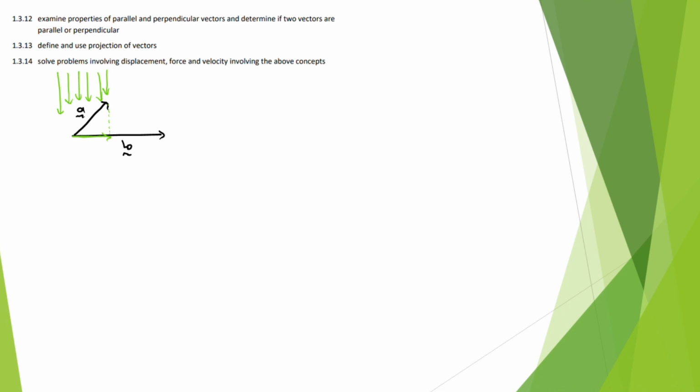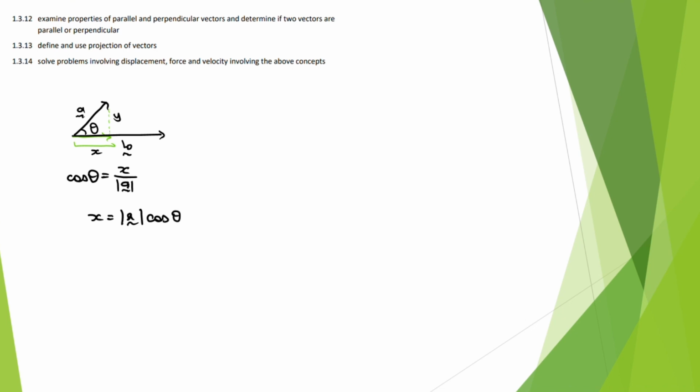So, if I want to find this point here, and I want to find the magnitude of this point, okay? In that case, I deal with the magnitude A, okay? And I have an angle between A and B defined as theta, all right? Now, I know that cos theta is equal to the adjacent side, which is x, over the hypotenuse, which is the magnitude of A. And I am trying to find the scalar x, so x is equal to the magnitude of A cos theta.